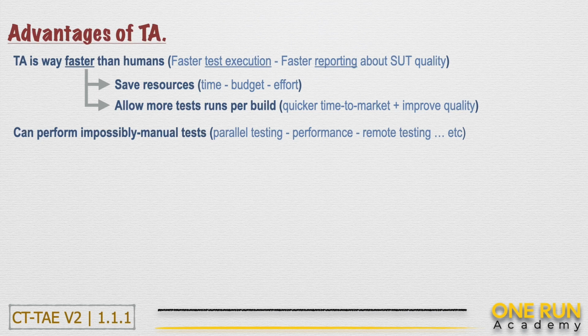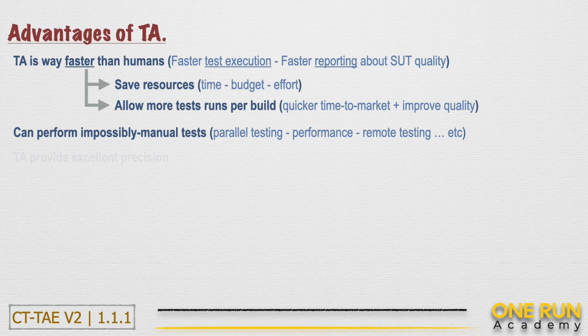For instance, parallel testing, where web tests are performed in parallel on different browsers at the same time, remote testing, where tests are performed on remote servers, and performance testing, where you're trying to simulate 1,000 users clicking on your app at the same time. Good luck doing that manually.